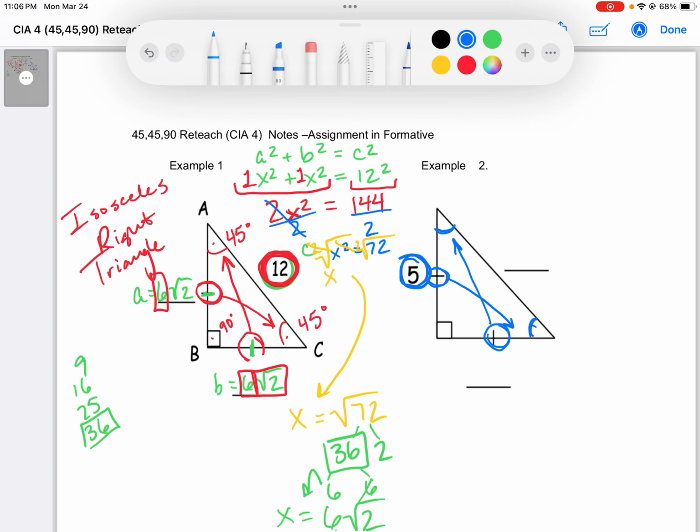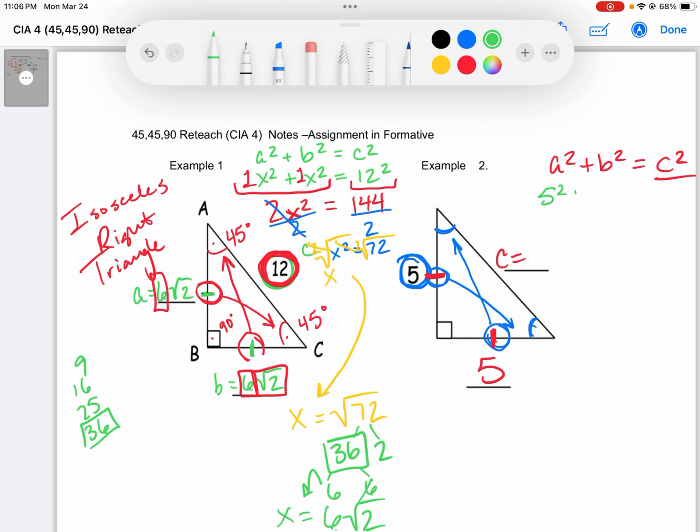Now, on the other hand, where they give me the side, I know that these sides match because they have matching symbols on them that show that they're congruent. So that means this side's also 5. This one's a little bit easier. I would go ahead and use my a squared plus b squared equals c squared, but I'm looking for c.